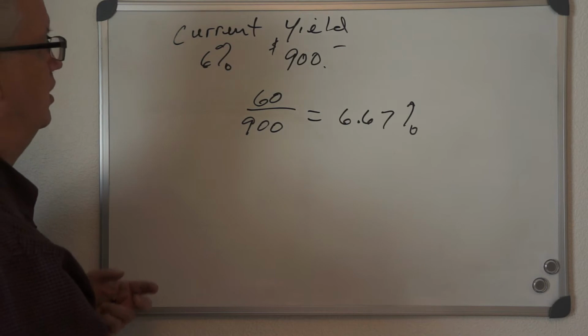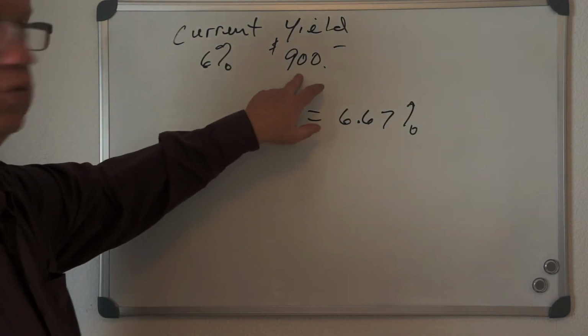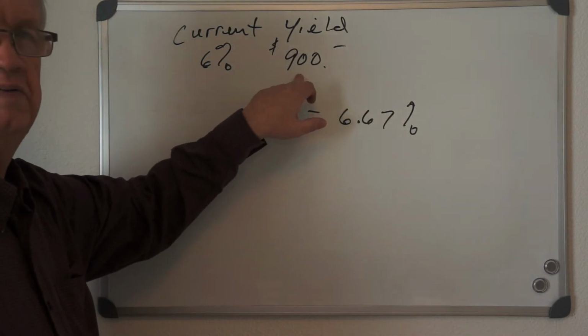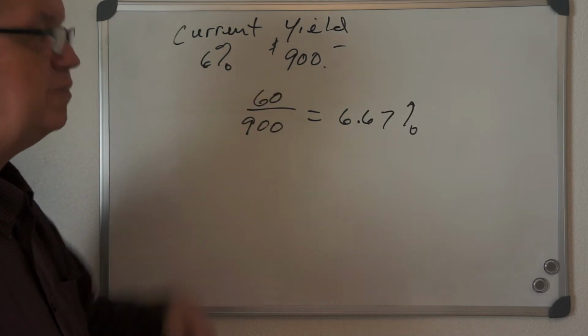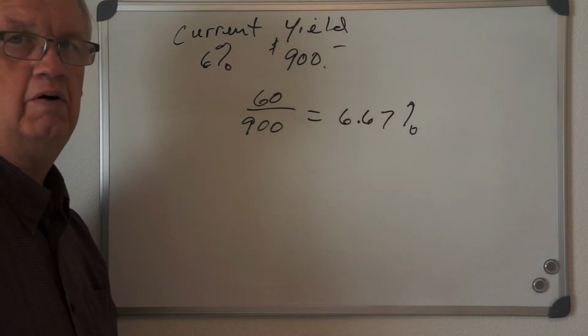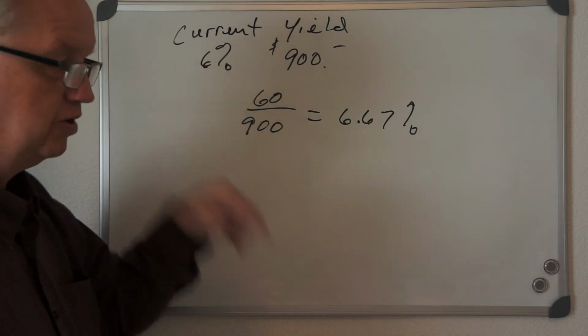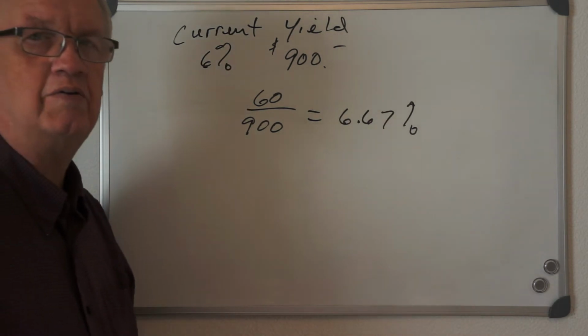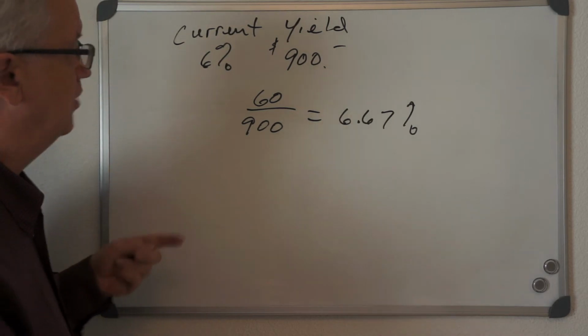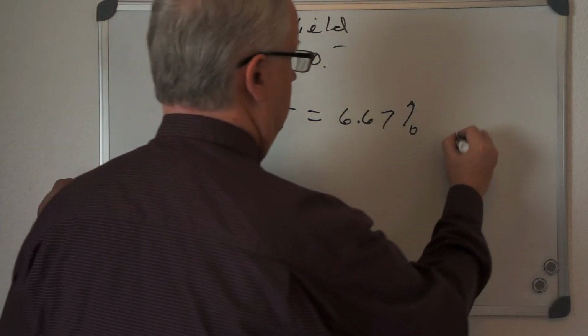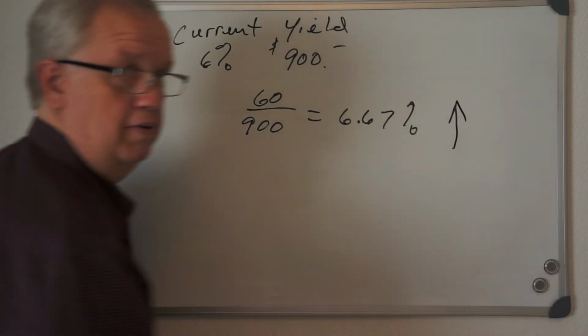This is telling me I have a bond that's now worth $900. Maybe I'm just buying right now, but maybe I bought it at $1,000 and the price of the bond went down. Why would it go down? It went down because interest rates went up.